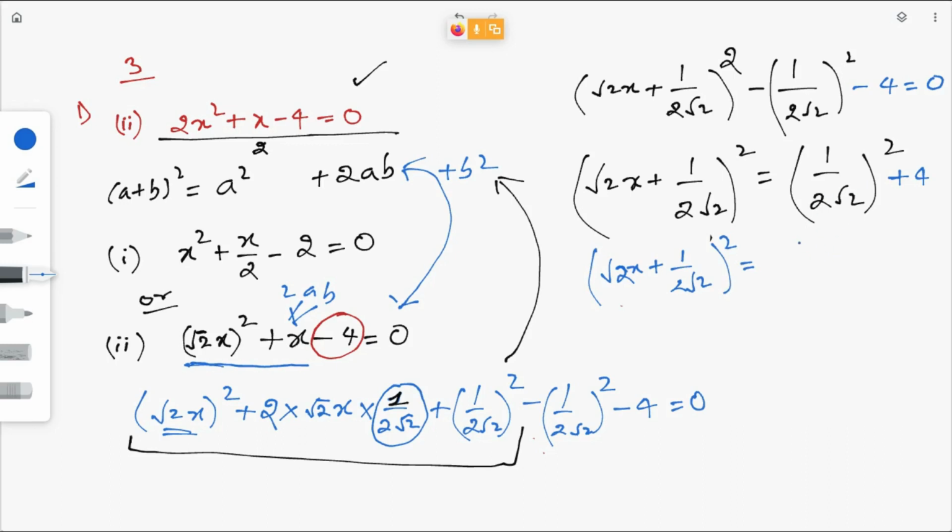What you will get? 1 by 4 into 2, that is 4 into 2, because what is 2 root 2 whole square? 2 into 2 is 4, root 2 into root 2 is 2, plus 4. Again keep this one as it is, root 2x plus 1 by 2 root 2 whole square is equal to, take LCM here, 8. 1 plus 8 into 4, 32.